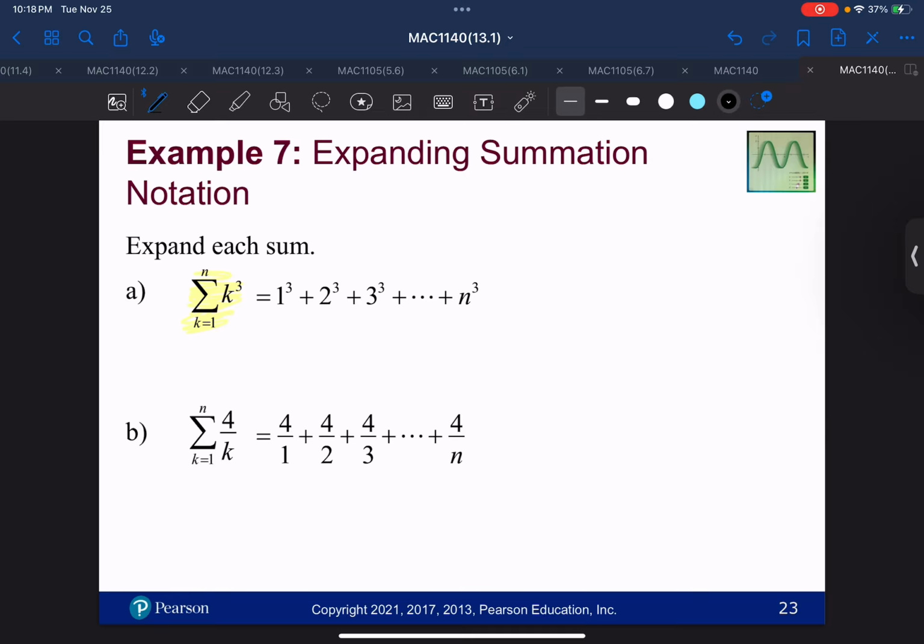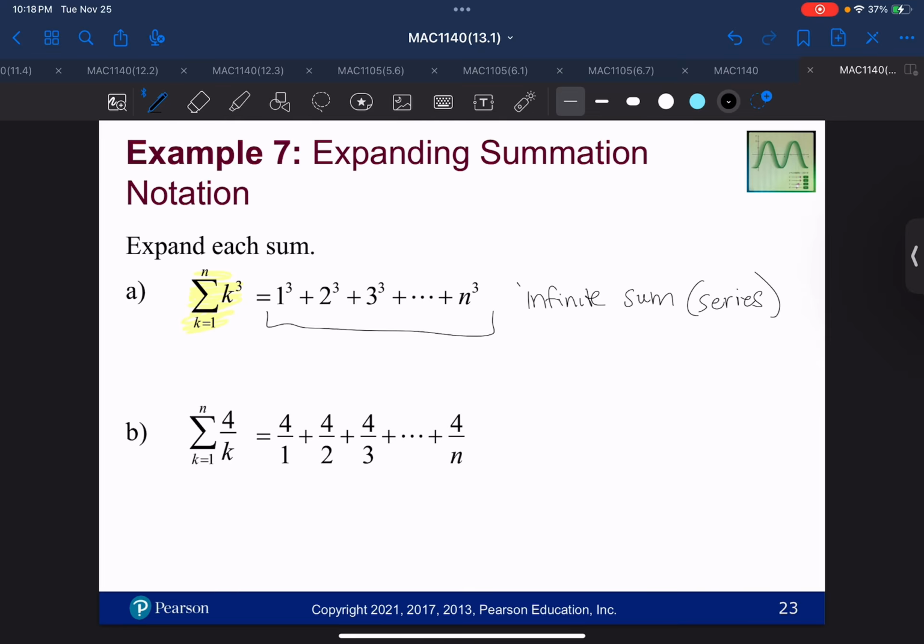That's how we would represent that sum. This isn't us actually finding the sum, obviously, because they didn't give us an actual stopping point. This would be an infinite sum, which is called a series.